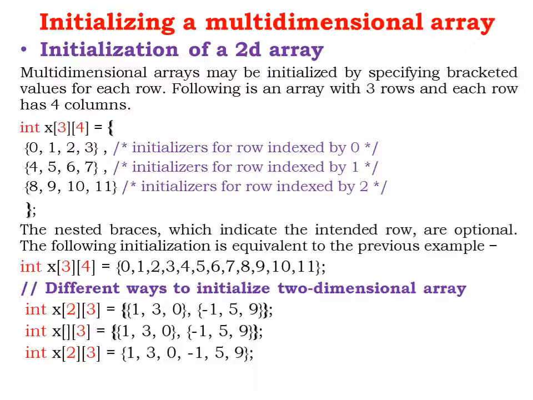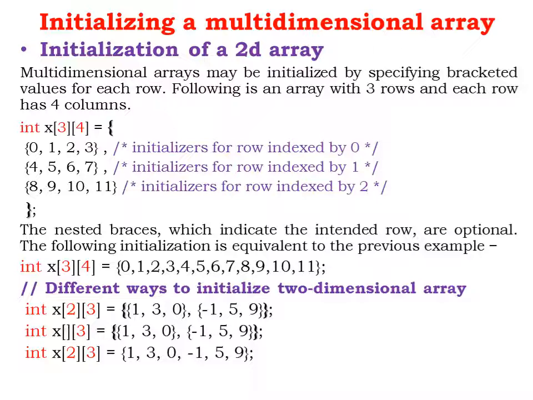I assign the values to this multi-dimensional array in the format shown. Here I use curly braces, and inside that I use another set of curly braces to represent the values initialized for every row.